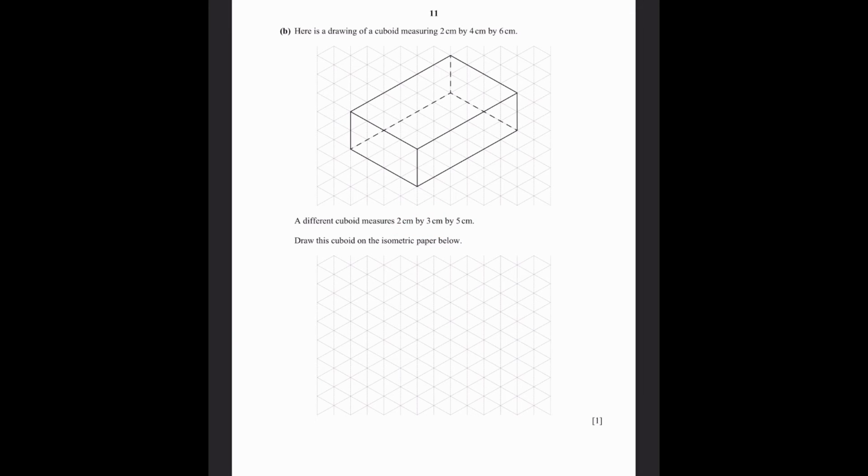So let's start drawing. That'll be 2. Go downwards. That's 2 by 3. Now we draw the side rectangle. Over there it is 2 by 6. Over here we need it to be 2 by 5.